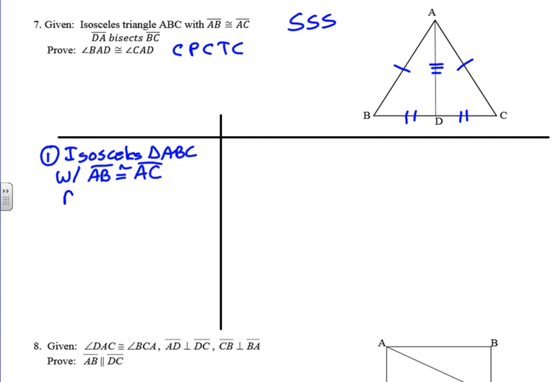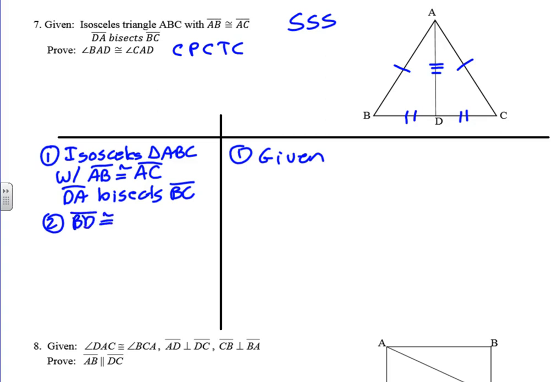And then we've got DA bisects BC. Okay, given. So far I've only got one side congruent, that's AB congruent to AC. So second step, I'm going to say BD is congruent to DC. And the reason is it's all about this word bisect.